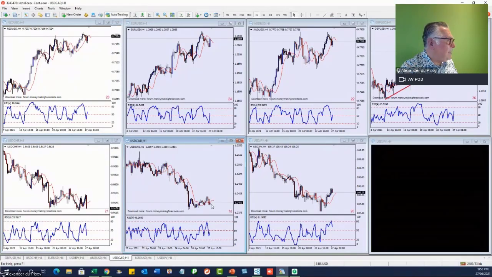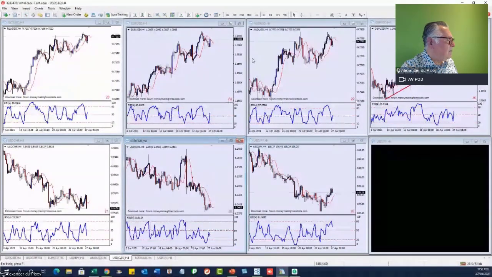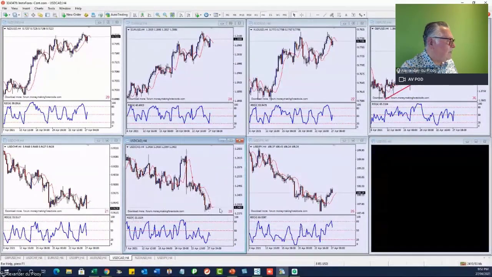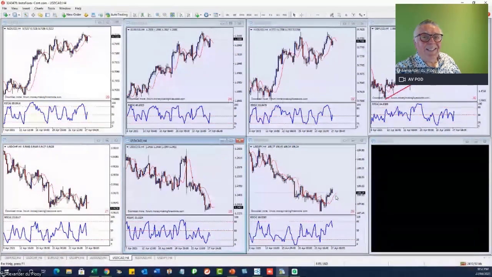Now there's a slight, oh, that's a 1 hour, so let's change that. But that one is slightly out. It's still a red candle, but down, and that's a red candle there.